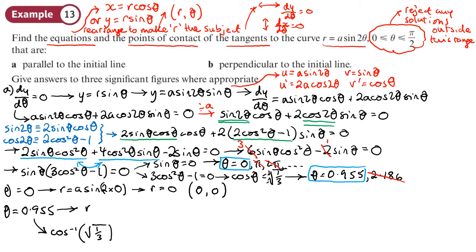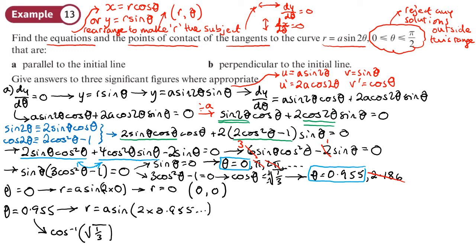So r equals a sine, and it's going to be 2 times 0.955.